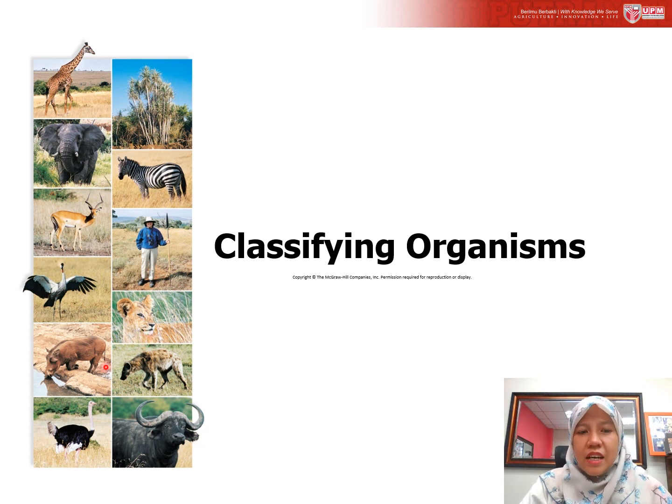And this one is a little bit tricky. This is not a wild boar, but this is a warthog. This is the hyena. This one, yes, the ostrich. Actually, it comes from Africa also. And this one is a buffalo, the African buffalo.